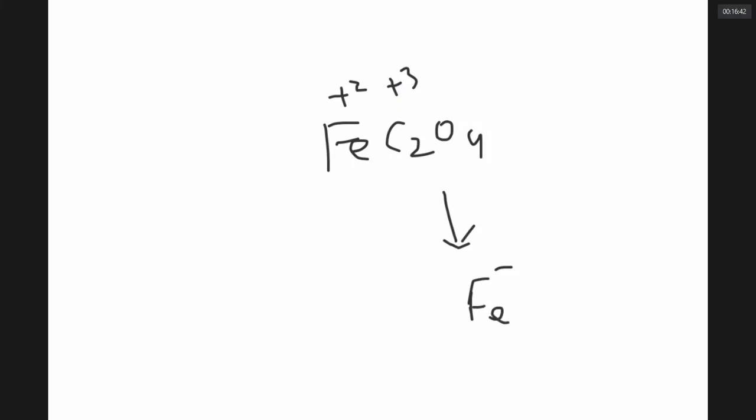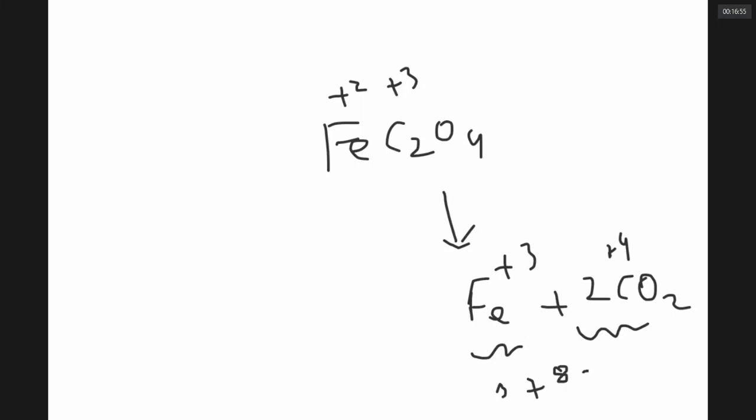For example, if I am taking ferrous oxalate, iron is +2 and each carbon is +3. In the course of the reaction, iron becomes +3, and oxalate will become carbon dioxide, that is +4 carbon. So the total positive charges in the reactant are 2 plus 6, that is equal to 8. The total positive charges in the product are 3 plus 8, that is equal to 11.